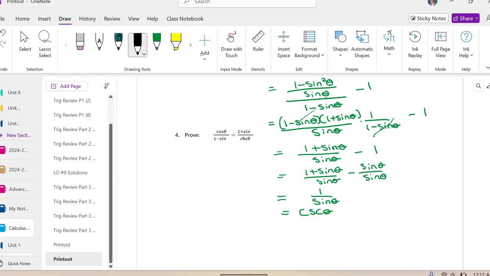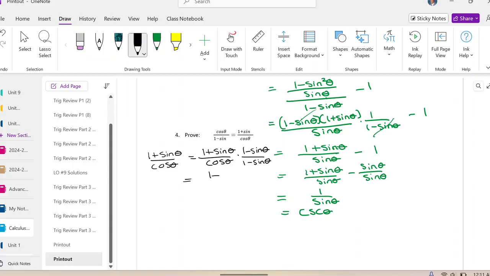All right, then here, with this one, it doesn't matter which side you pick. Let's say we picked the left side. So we have 1 plus sine theta over cosine theta. Now, nothing can simplify, so when that's the case and you have an expression, multiply by the conjugate. So multiply by 1 minus sine theta.